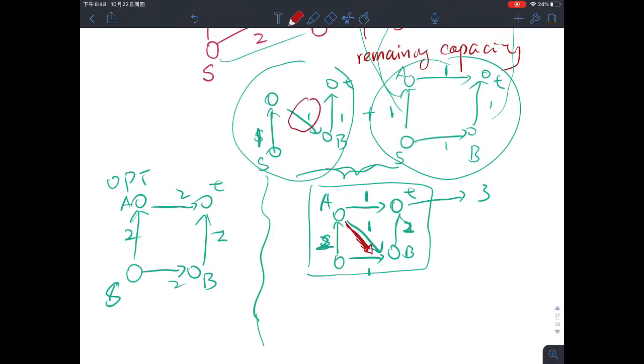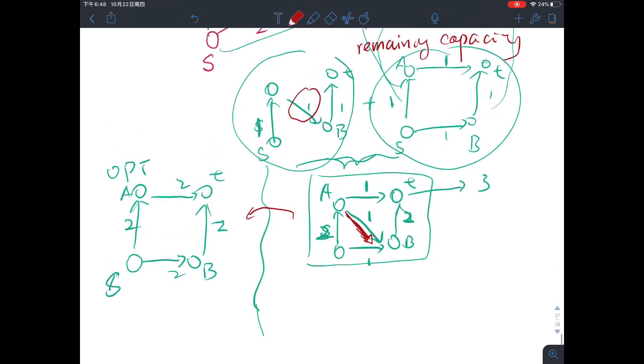This is a very early mistake we make. After we make this mistake, it becomes hopeless to come up with the optimum solution, because so long as we decide to use the edge from A to B, there's no chance for us to come up with an optimum solution.